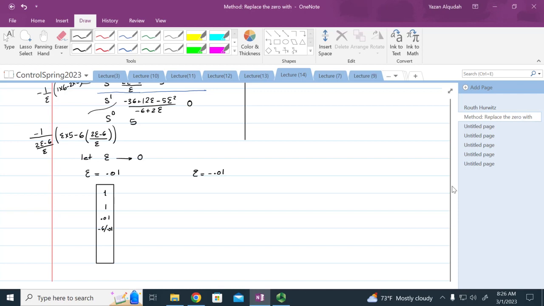Excellent. It's going to equal 6, because this is going to be very small compared to 36. So I just have negative 36. This is going to be very small, negative 6. So this is approximately equal to negative 36 over negative 6, which is 6. And then I have a 5.